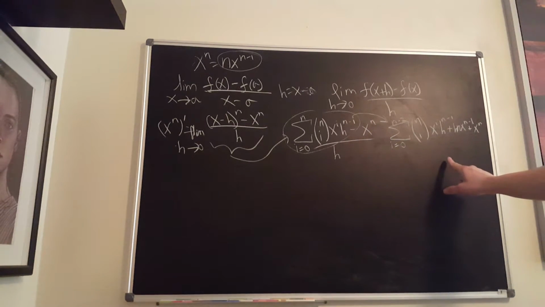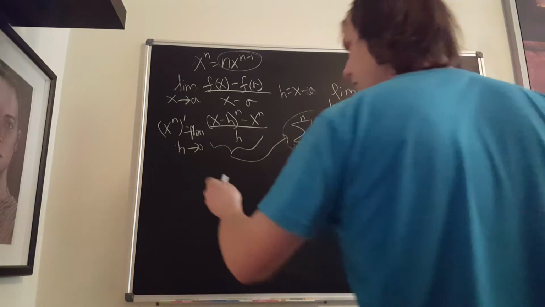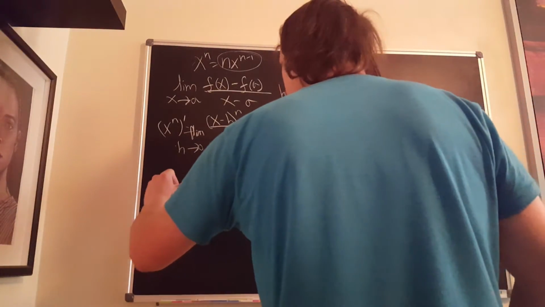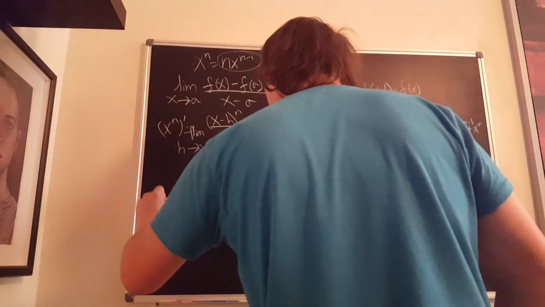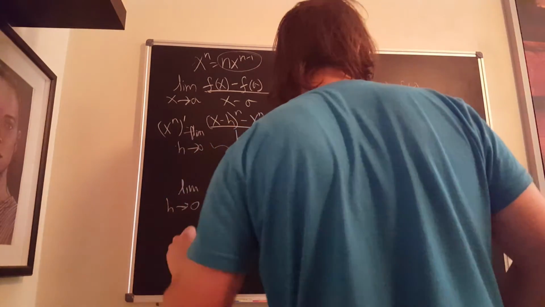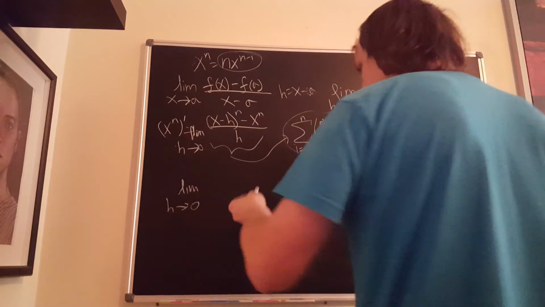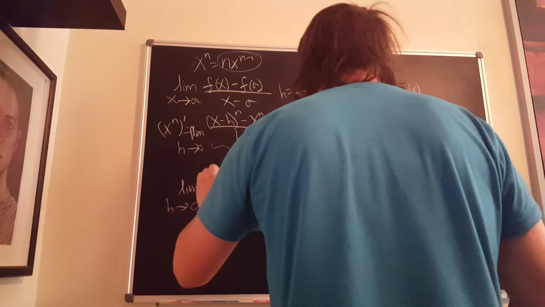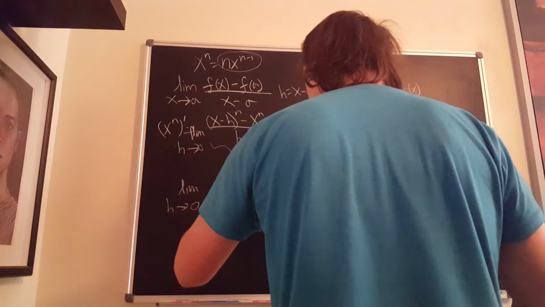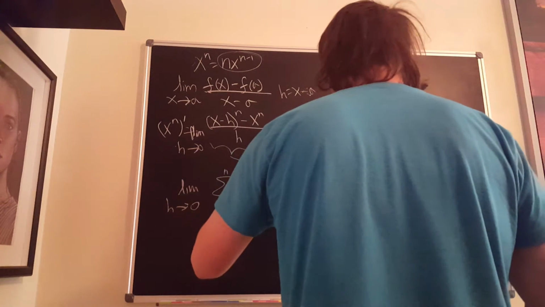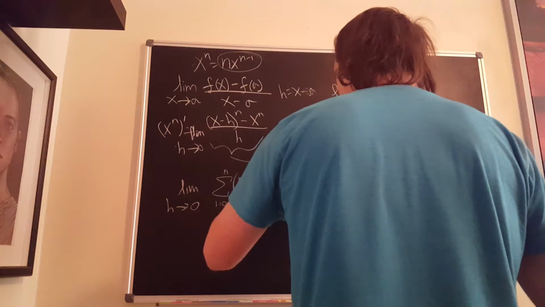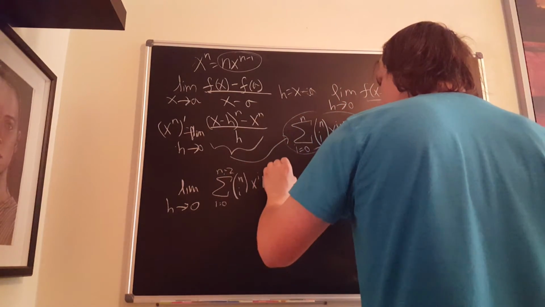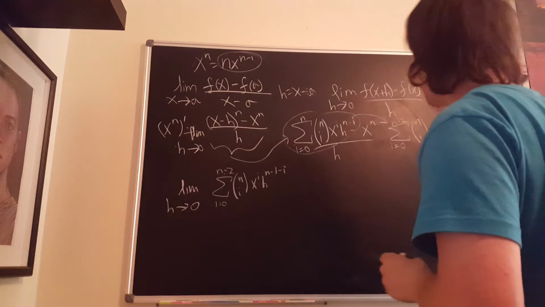So we put that together down here, and we have the limit as h approaches 0 of the sum from i equals 0 to n minus 2 of n choose i, x to the i, h to the n minus 1 minus i, since we canceled out the h.